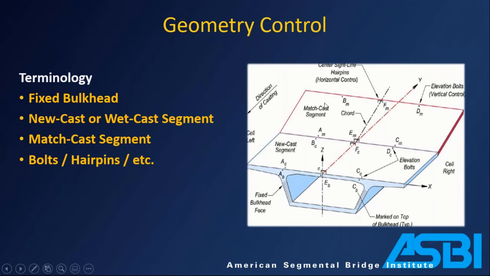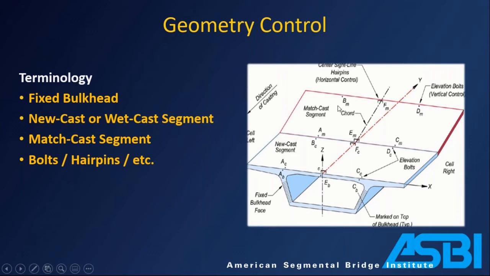So over here in red, you've got the match cast segment. So that was cast with a number of geometry control hardware embedded in it. You have hairpins. Those are those little things, and those are typically used to survey in the plan geometry. If you're curving, how much should these hairpins be offset from a straight line from the segment that you're about to cast? That's what this little distance here is.